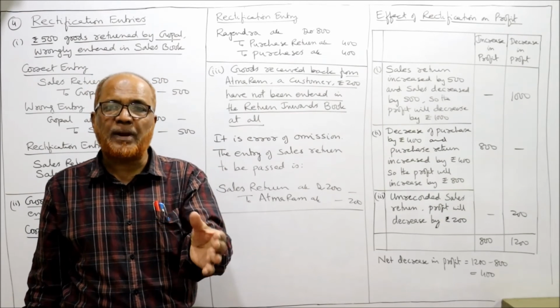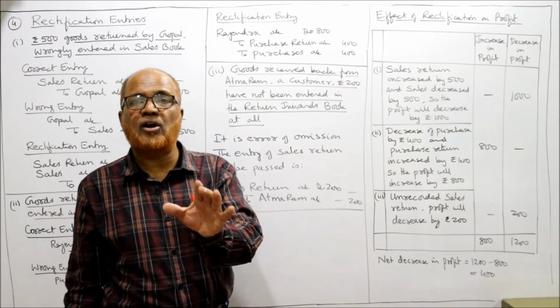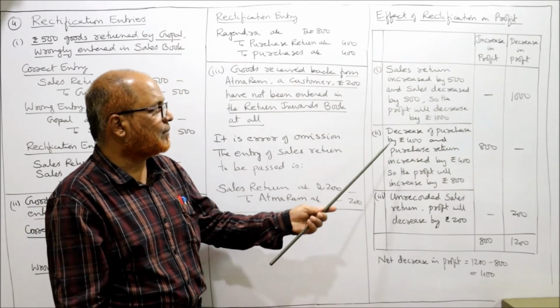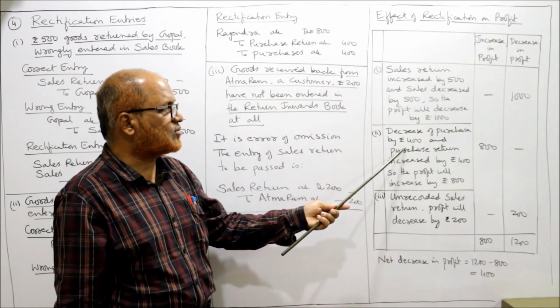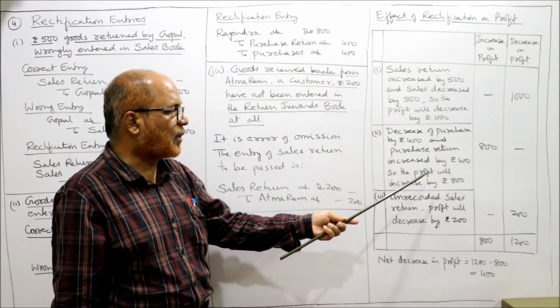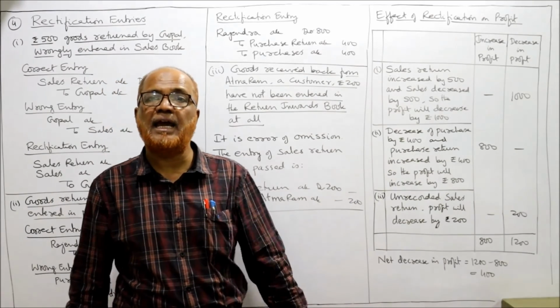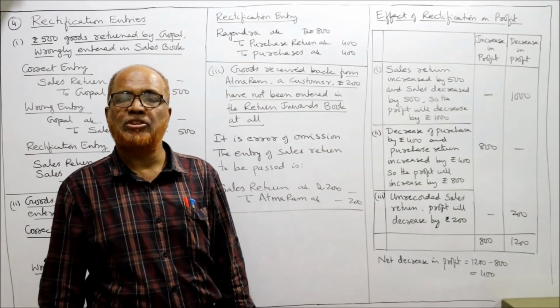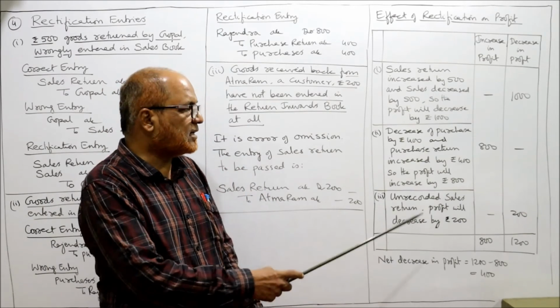The 400 plus 400, 800 rupees profit will increase. Decrease in purchases of rupees 400 and purchase return increased by 400. So the profit will increase by 800 rupees.